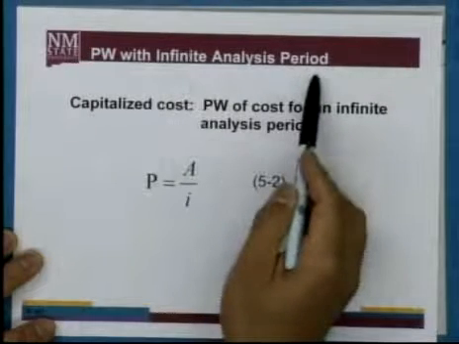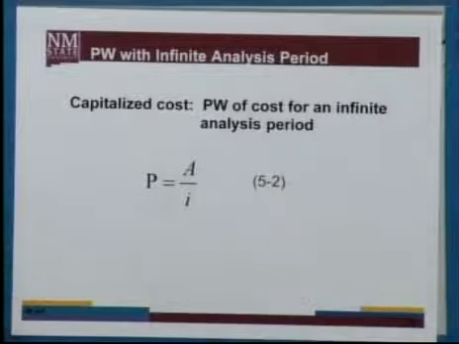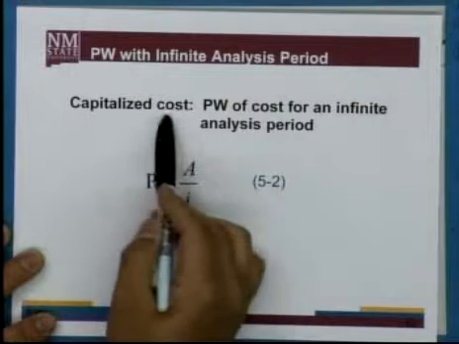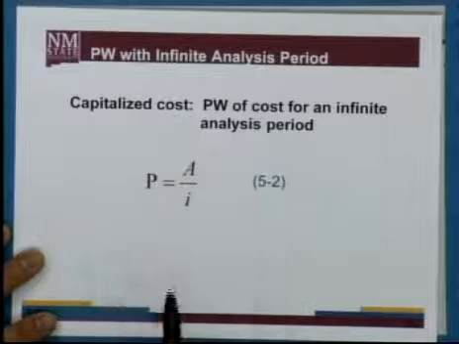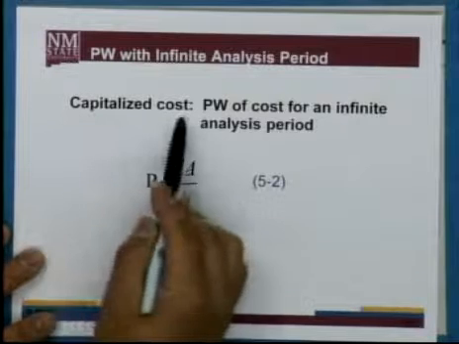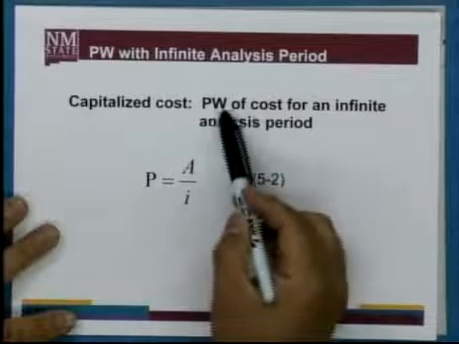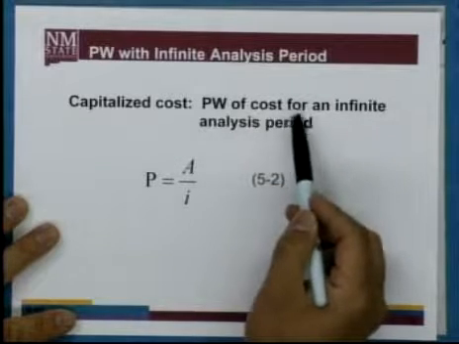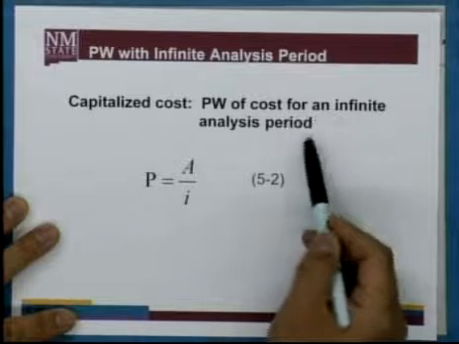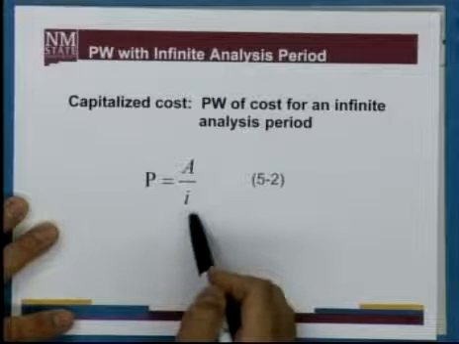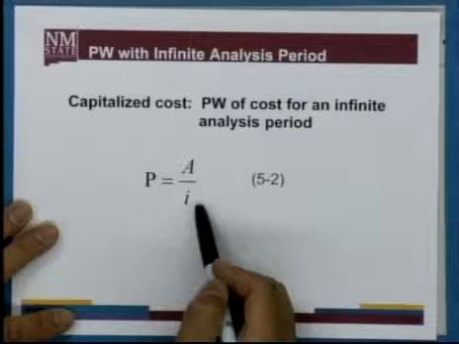In that case, we're going to use special cost analysis, which is called the capitalized cost analysis. The capitalized cost is the present worth of the costs that are assumed to occur in perpetuity. And it can be computed by this formula: P equals A over i.